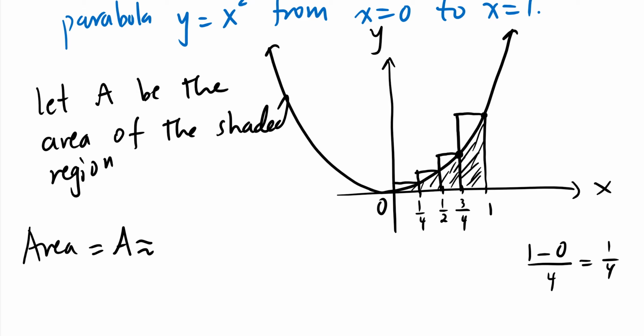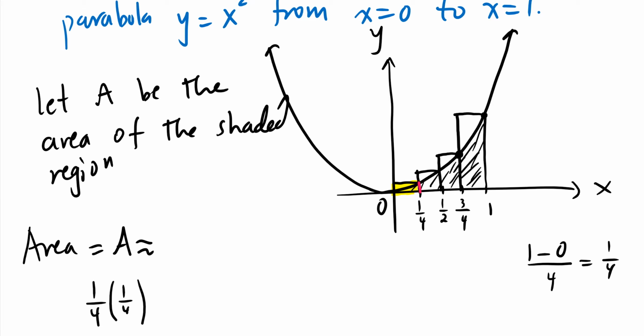The area of a rectangle is length times width. For the first rectangle, the highlighted one, the width is 1/4, and the height is the function evaluated at 1/4.